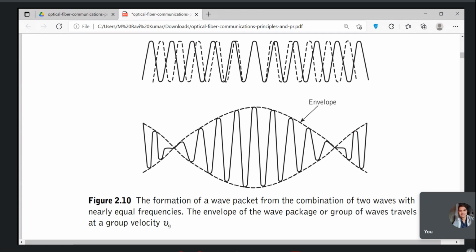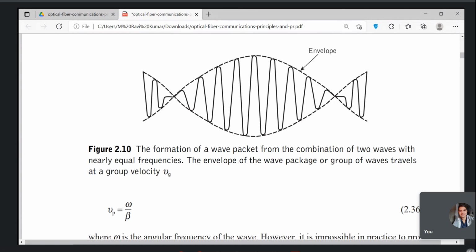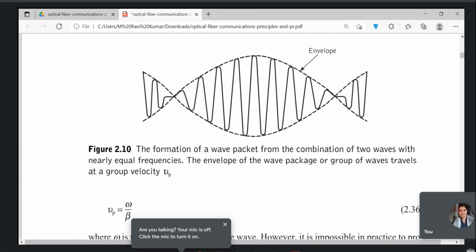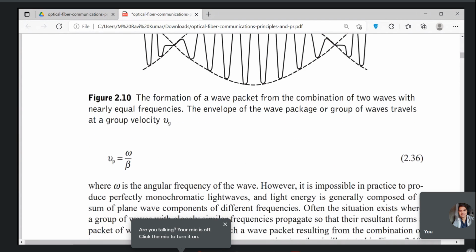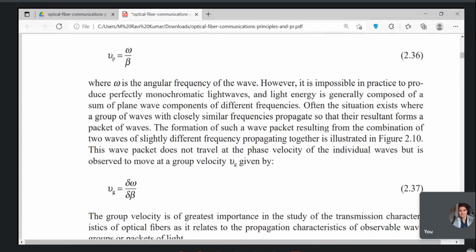So this is about two waves with nearly equal frequencies. Then you have a group velocity. So the phase velocity is given by omega by beta, and this group velocity is given by del omega by del beta.